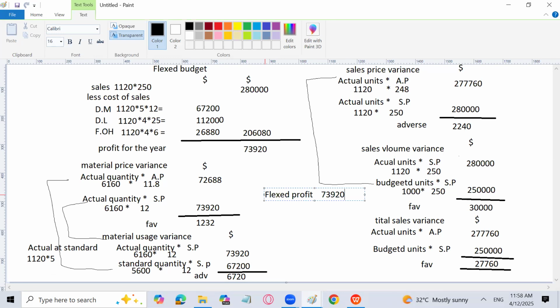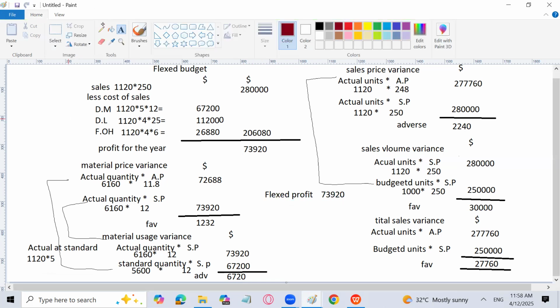We have calculated the flex profit, and here we are using that flex profit. Now all variances will be adjusted: favorable variances will be added and adverse variances will be subtracted.